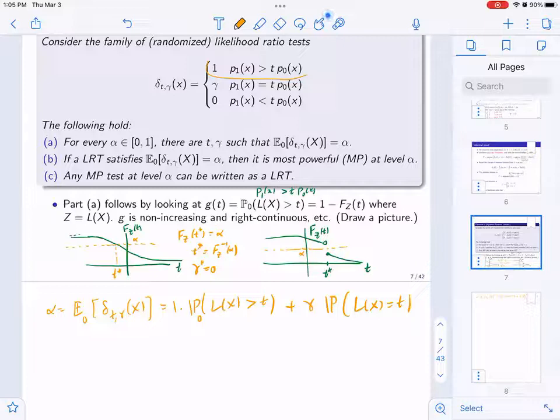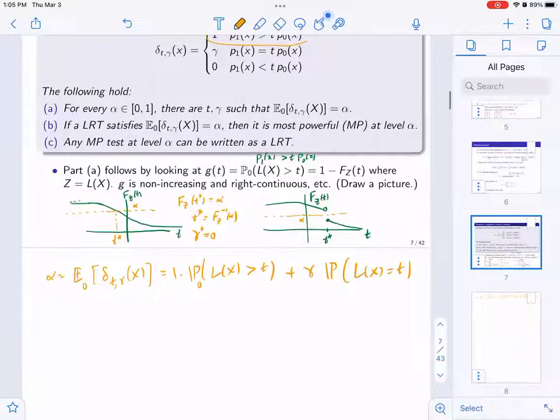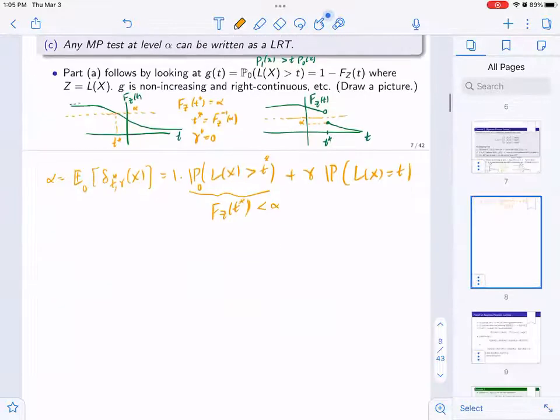And I know that at t star, this guy is going to have a certain value. So let's call this fz of t star. I know that this is strictly less than alpha. And so what I'm going to do is solve this for gamma.